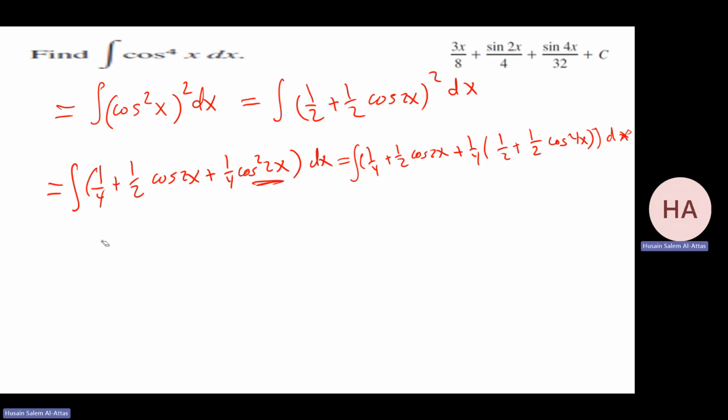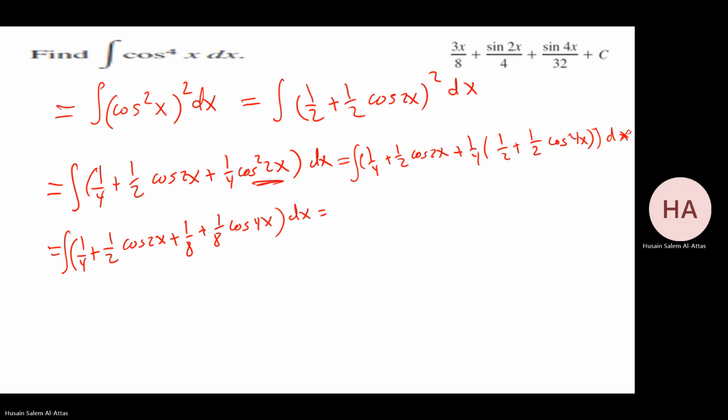That gives me 1 over 4 plus half cosine 2x plus 1 over 8 plus 1 over 8 cosine 4x dx. That gives me 3 over 8. Until now, I did not do the integration. Just summing this one with this one, 3 over 8.